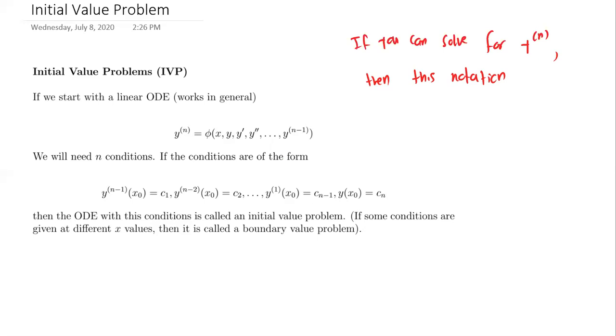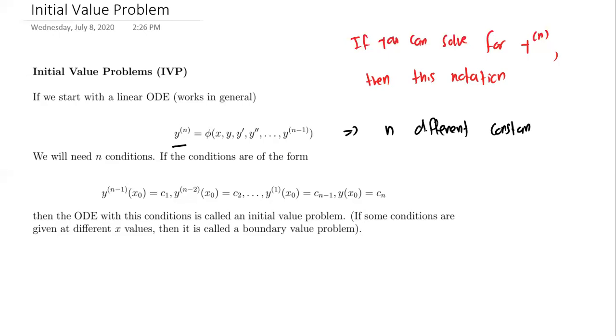And that's the example we worked a couple of videos ago. Now, what that means is if we have an nth order differential equation, we're going to have to integrate n times, right? Because there are n derivatives. We get rid of each derivative by integrating. So nth order derivative means we're going to have to integrate n times. If we integrate n times, that means we get n different constants of integration.